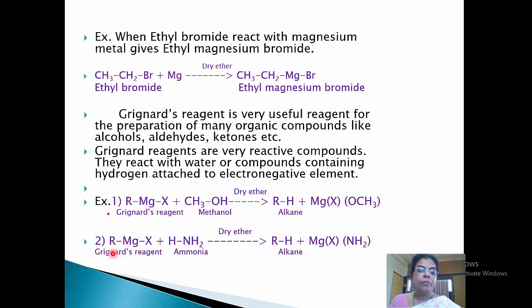Second example, when Grignard's reagent, RMgX, is treated with ammonia, NH3, in the presence of dry ether, an alkane is formed, that is RH plus MgXNH2. In this case, the bond between R and Mg breaks, and R gets attached to a hydrogen atom, and MgX gets attached to the NH2 group, and we get RH, that is alkane, and MgXNH2.